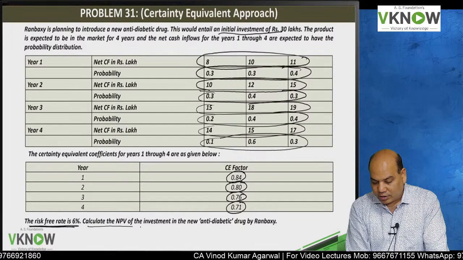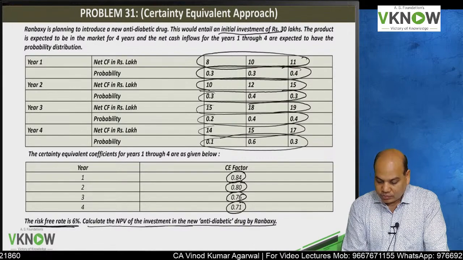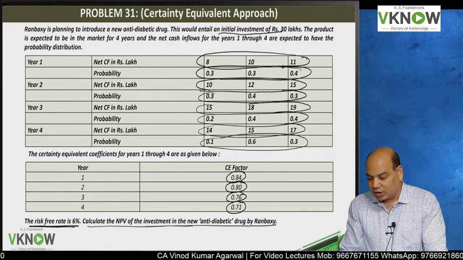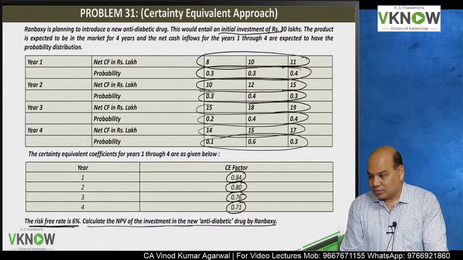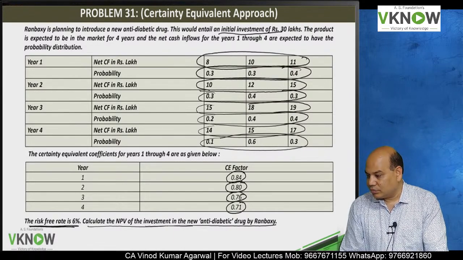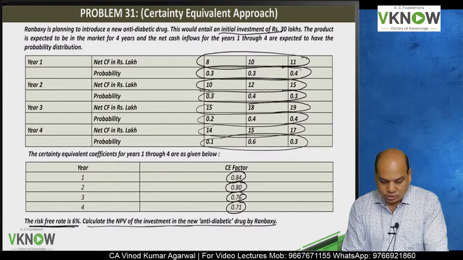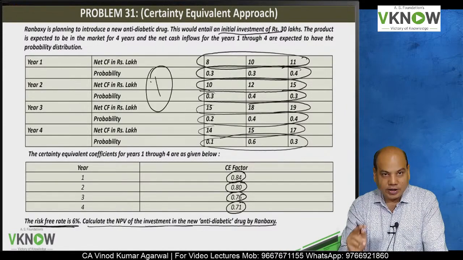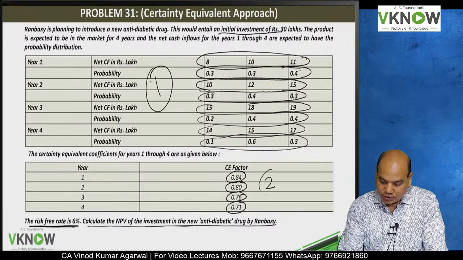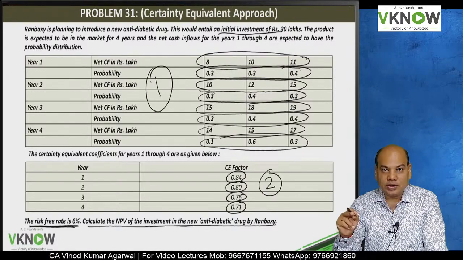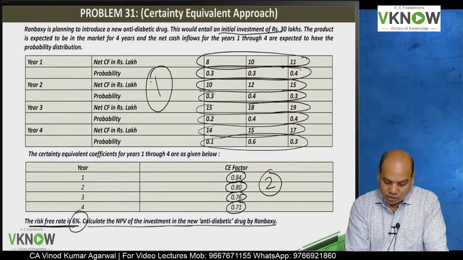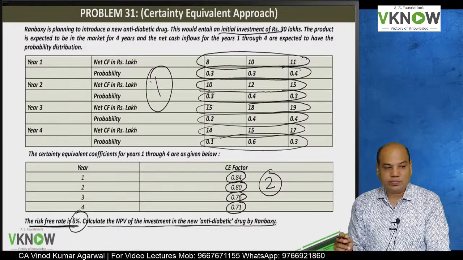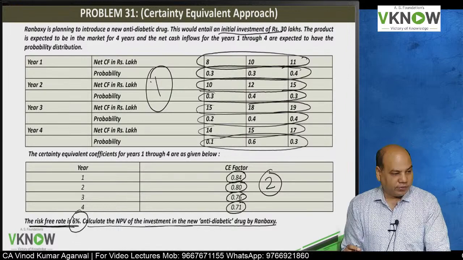Compute the NPV of the investment in the new anti-diabetic drug by Ranbaxy. My first step would be to find expected cash flow. Second step, find risk-free cash flow. And the third step would be to compute the NPV. Is it right?